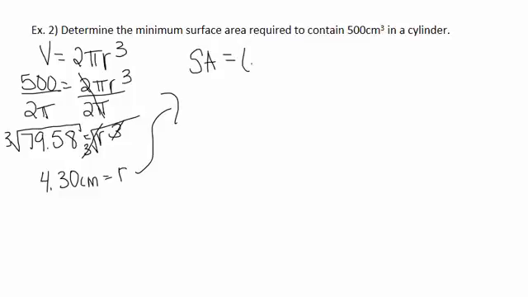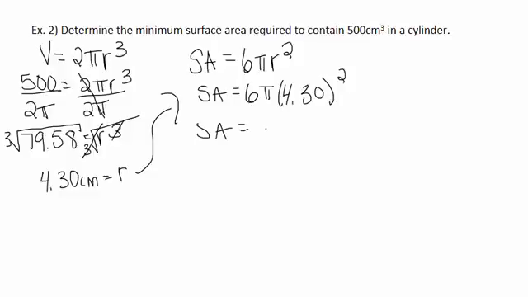And now let's simply plug in the value that we just solved for r, 4.30. And if we plug that into our calculator, we get the surface area is equal to 348.53 centimeters squared. Just remember that surface area is always squared and volume is always cubed.